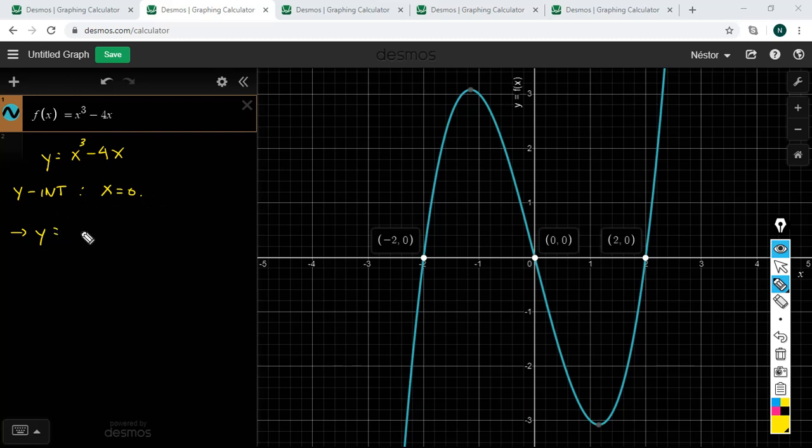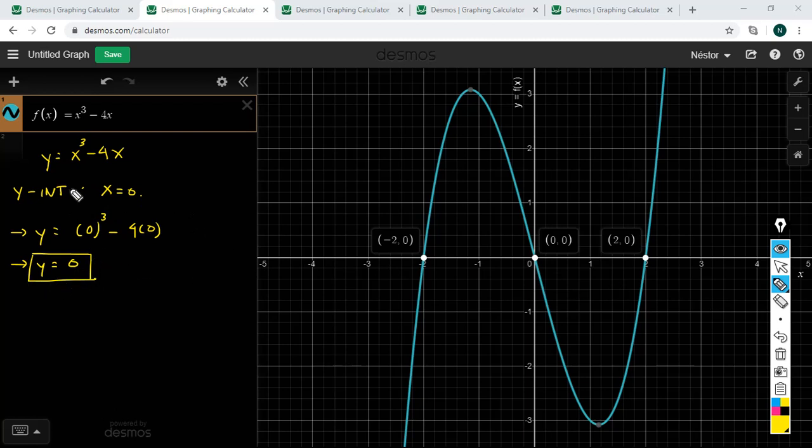So here we go. 0 to the cube minus 4 times 0. And all of this, in the end, will be 0, right? So that's it. We're done. The y-intercept is 0, as you can clearly see over here. So we are done with the y-intercepts.